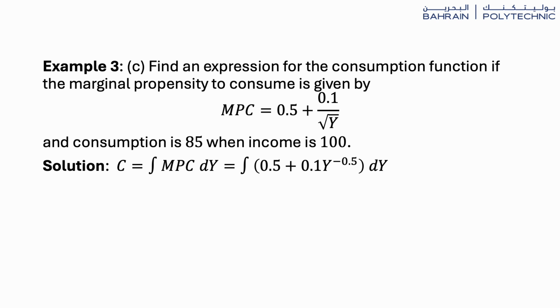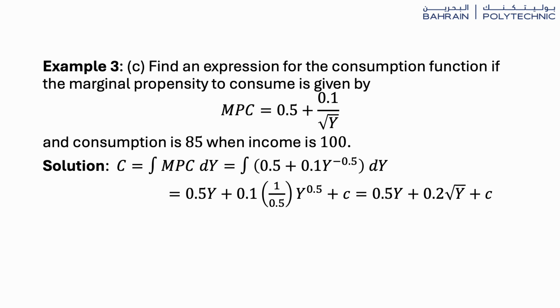Integration of 0.5 will be just 0.5y, and here, for the power of minus 0.5, we have to add 1 and divide, so it will be 0.5 over 0.5, and we can simplify it. Do not forget to add the constant as well.